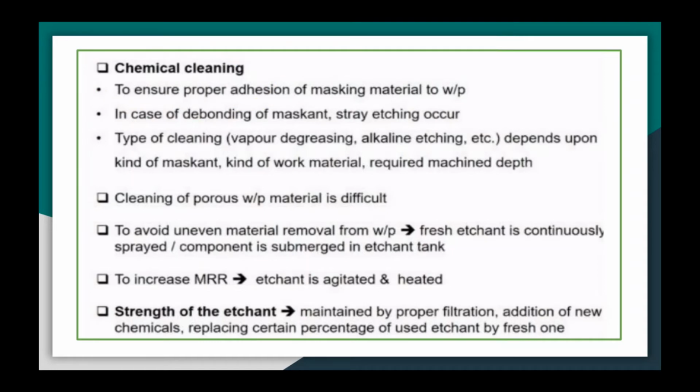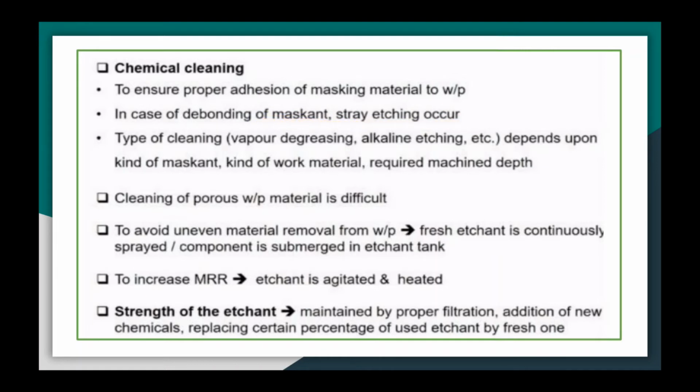This is a very important point, because if the maskant you apply does not adhere to the workpiece, then debonding or demasking will take place, and the etchant will penetrate through that area and remove the material from the place from where you do not want to remove any material. So if debonding takes place, then stray cutting will take place.